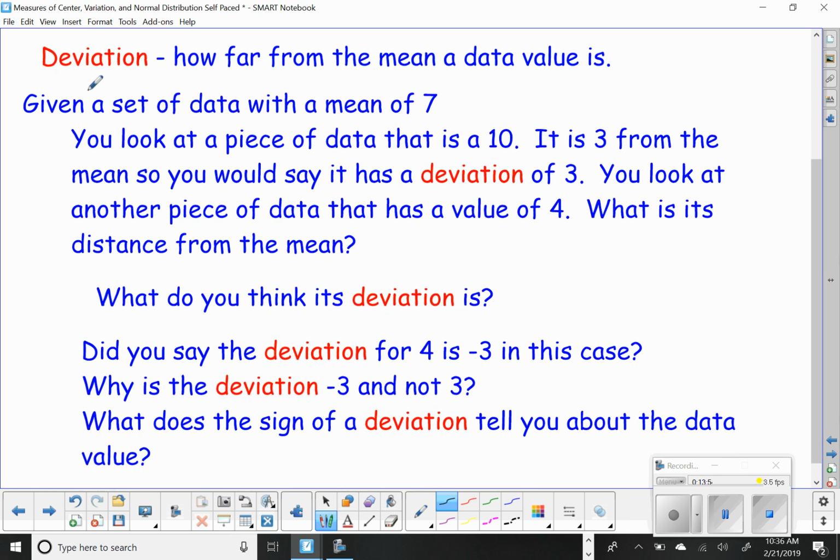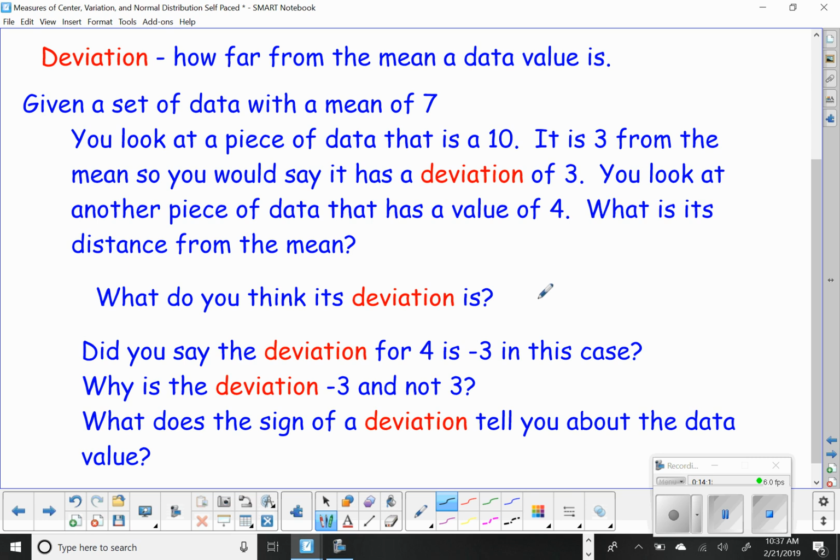Okay, so given a set of data with a mean of 7, you look at a piece of data that is a 10, and it is 3 from the mean, so you say that it has a deviation, not a standard deviation, but a deviation of 3. 4 has a deviation of -3. Okay?